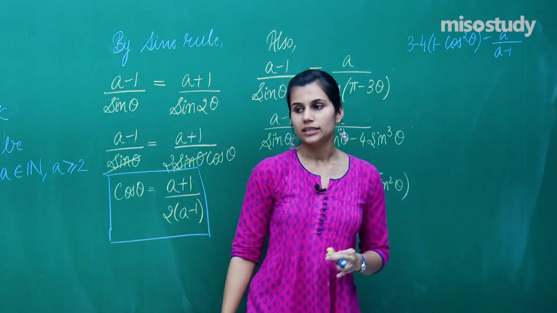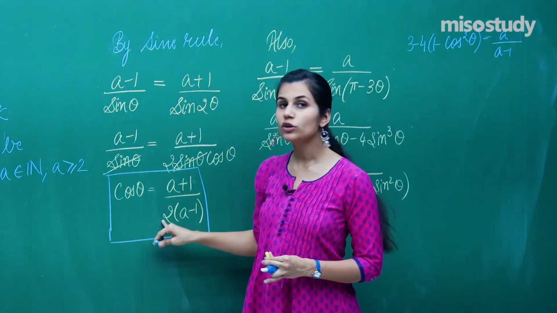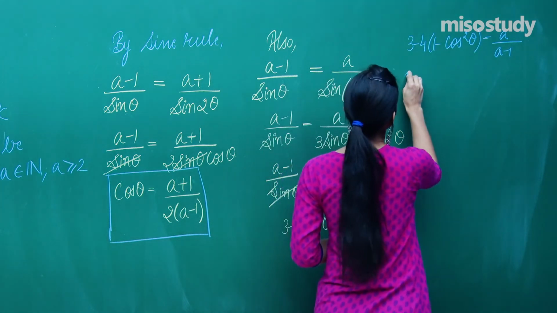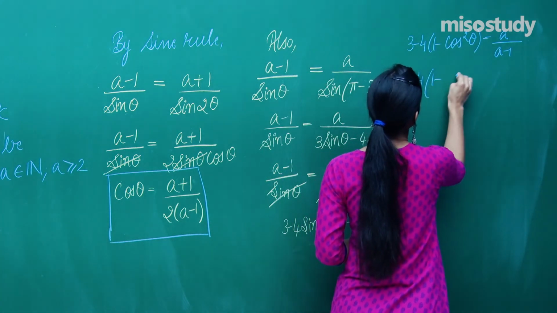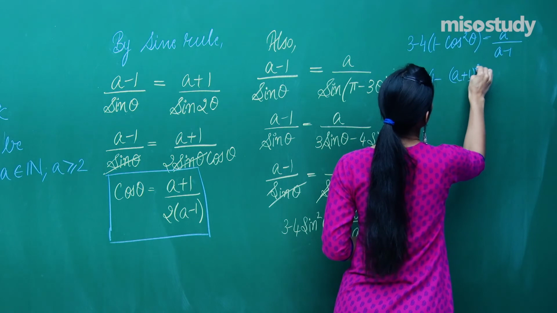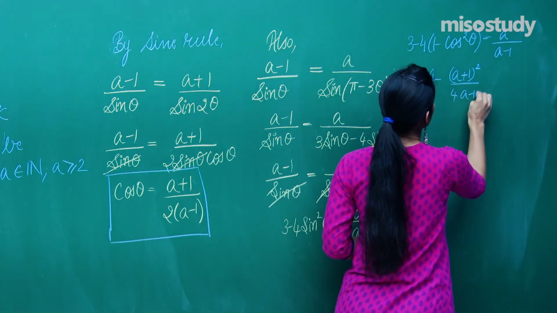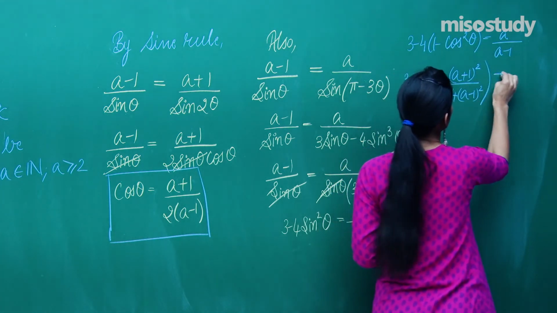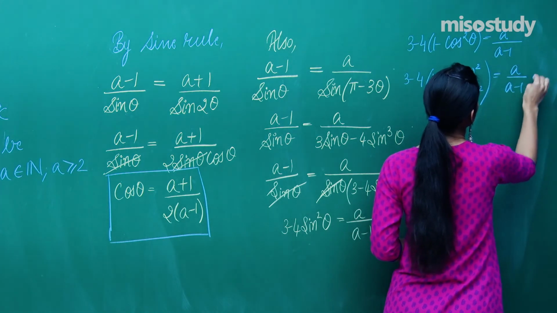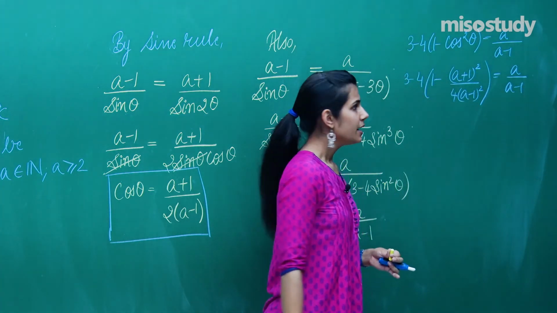What is cos theta? A plus 1 upon twice of a minus 1. So you get 3 minus 4 into 1 minus a plus 1 whole square upon 4 into a minus 1 whole square equals a upon a minus 1. Now this means what?